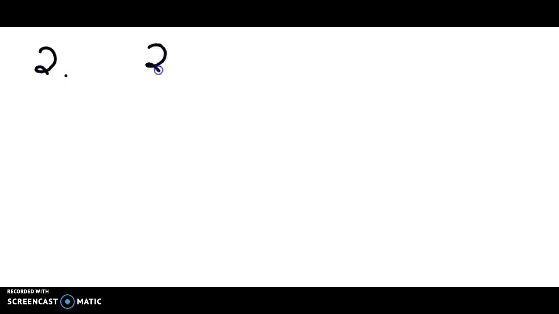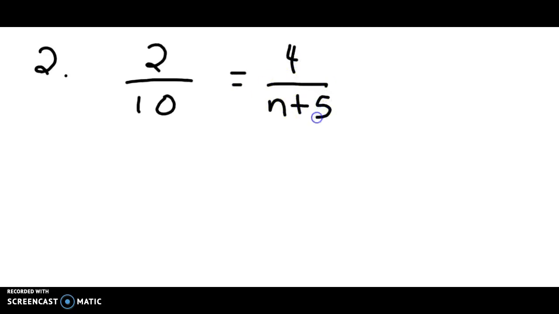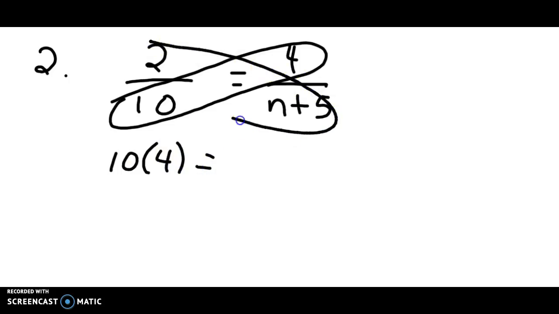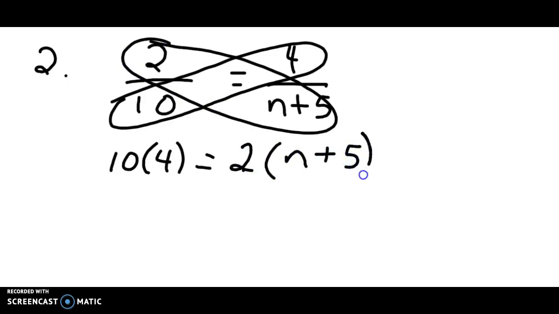So now we have 2/10 equals 4 over n plus 5. It doesn't matter which one first, but I decided I'm going to do this one. 10 times 4 equals 2, and you need your parentheses, times everything inside parentheses.